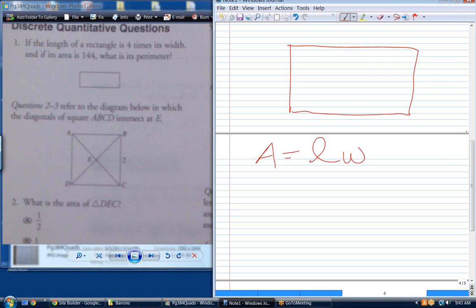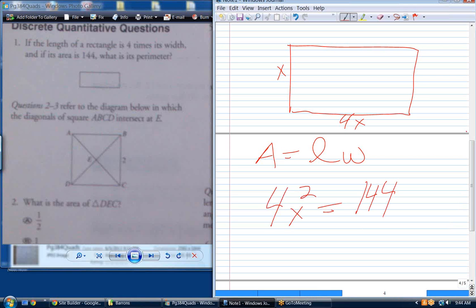You could say this is 4x and this is x. If I make this 4x and x, then the length is 4 times the width. So now you can say 4x squared equals 144.